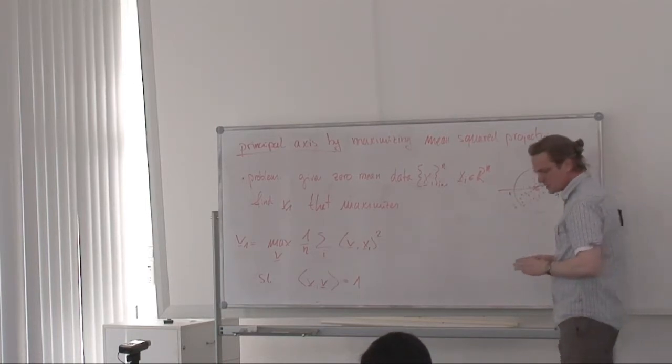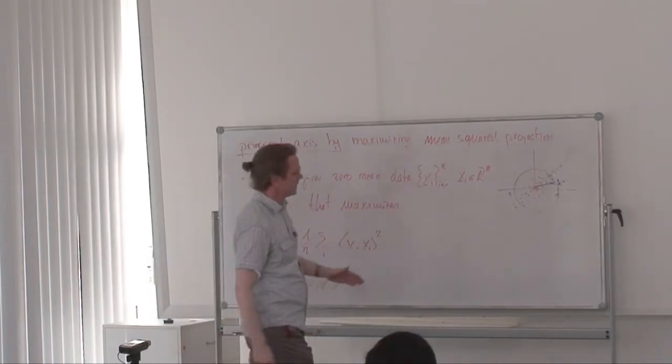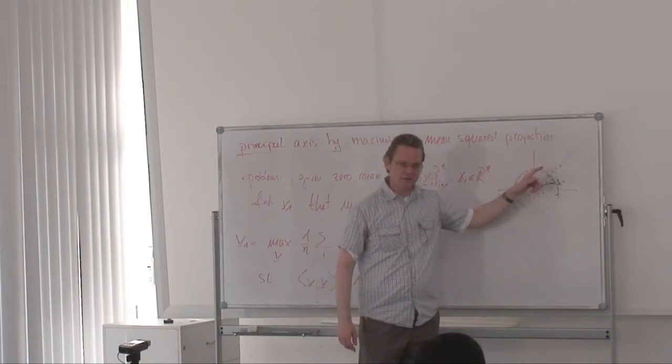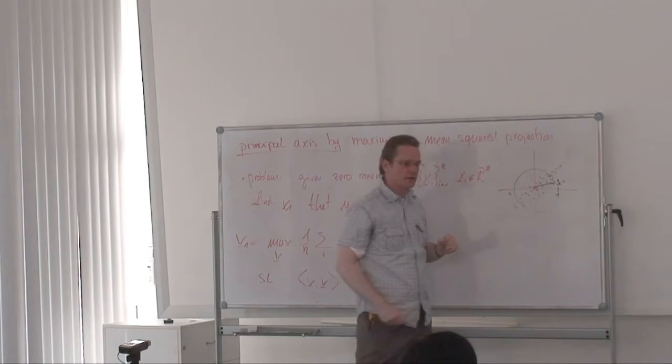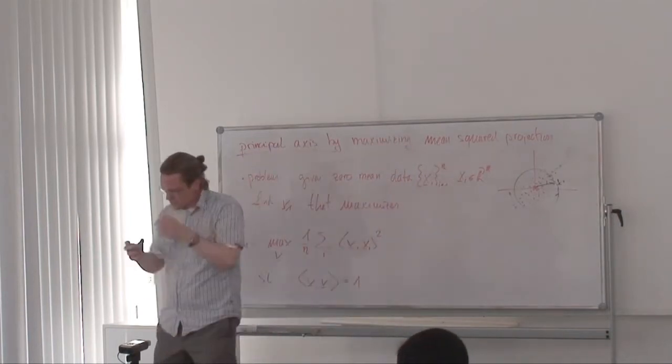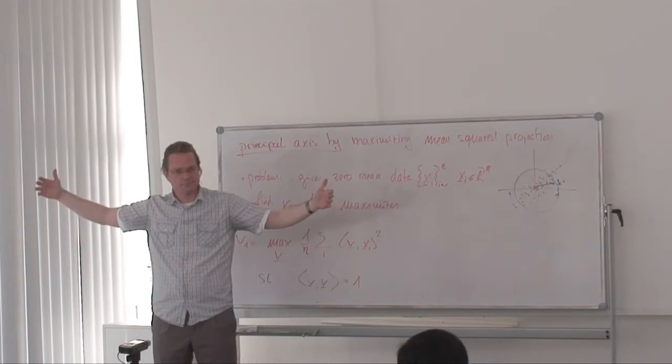All right. So what we are currently looking for is a direction vector v, such that if we project all the given data along this direction, the spread of the projection should be as large as possible. Right?